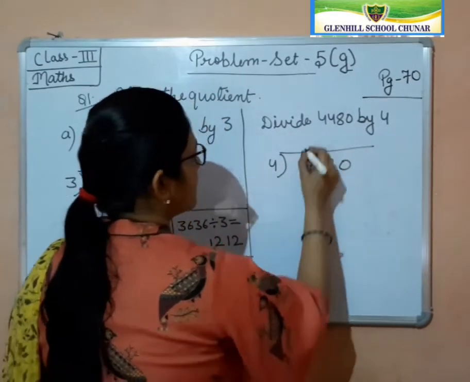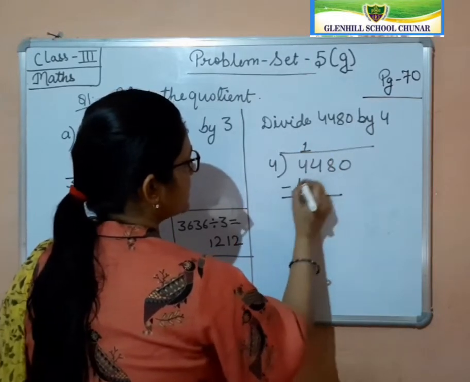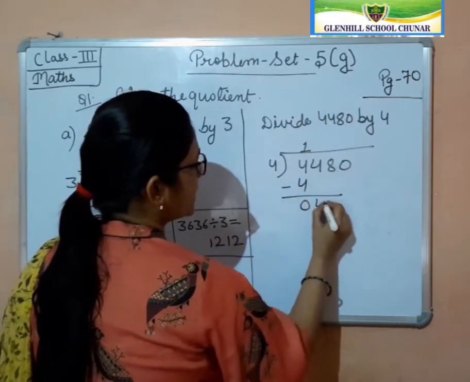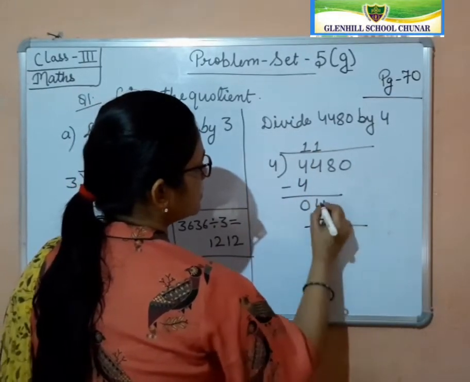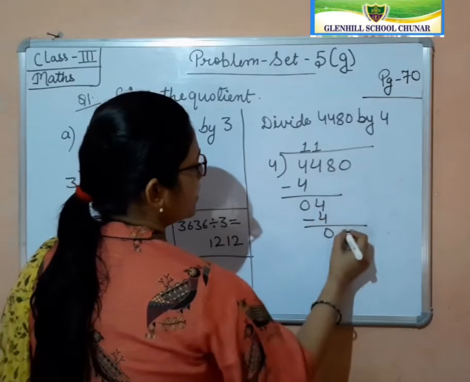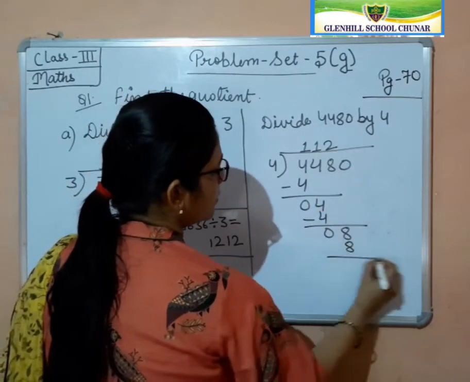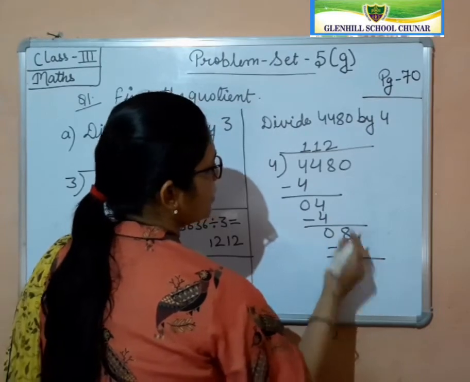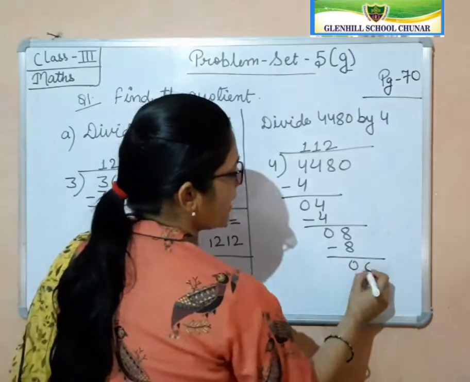So in 4's table, 1 time 4 comes, minus 0. 4 I have taken here. Again 4 comes in 1 time, 4. Then 0. 8 left, 2 times, minus 0. Now here is 0, student. Can you see? Here is 0. So 0 I have taken here.